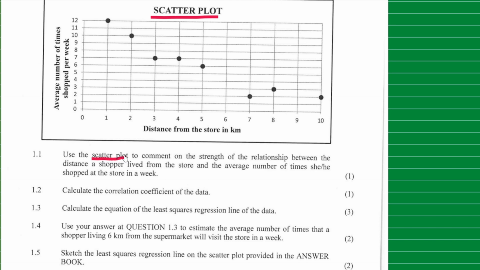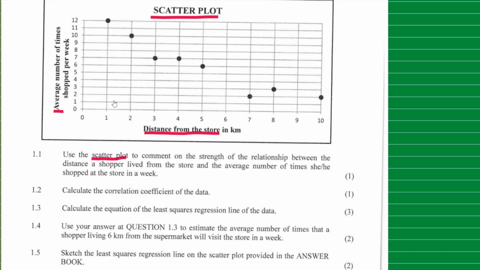What is a scatter plot? A scatter plot is a plot of bivariate data which shows a relationship between two sets of data. There are two sets of data here: the distance from the store and the average number of times shopped. Now we might find that there is a relationship, which is what we are asked to comment on here.